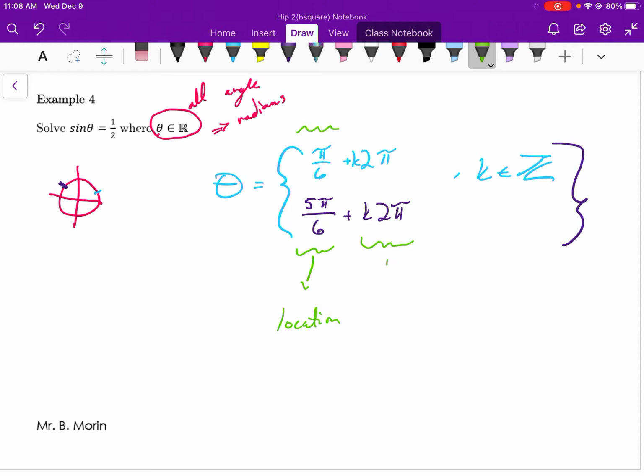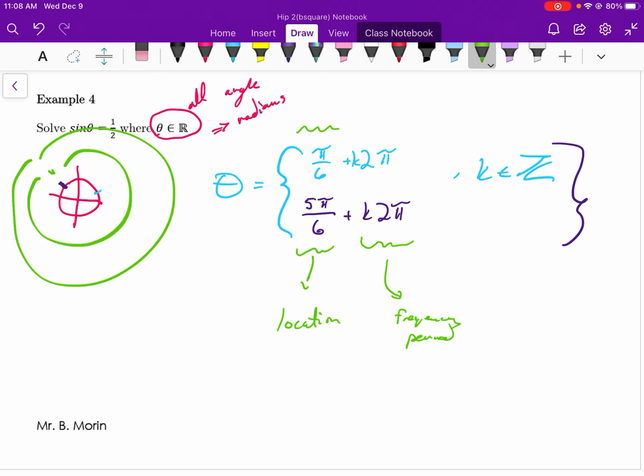The second block is an indication of the frequency or period, of how long it'll take to get to the other angle. So if I'm talking purple, how do I go from purple? I have to go 2 pi. A way of saying how you get to the purple is 5 pi over 6 plus multiples of 2 pi. Anyways, that's what my solution looks like, and I'm describing all possible angles.